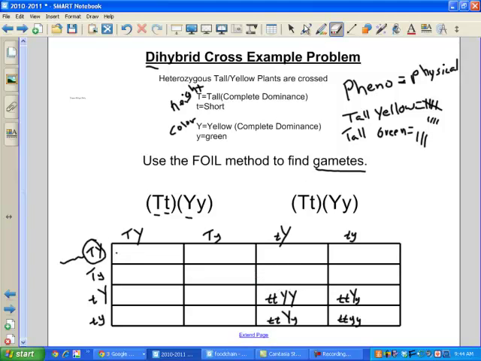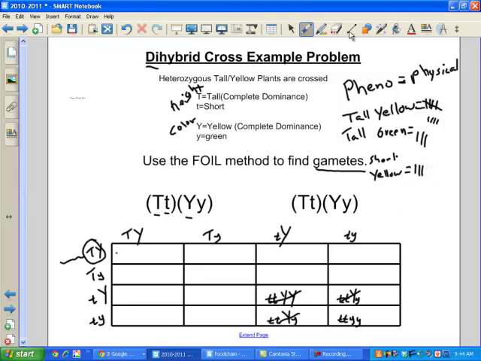And that's that. So now the next phenotype that we have is short yellow. And there's one of those. And here's another one, short yellow, so there's 2. And short yellow, there's 3.